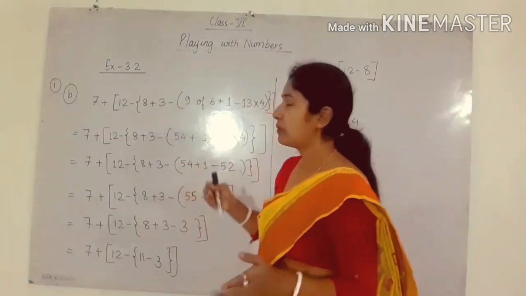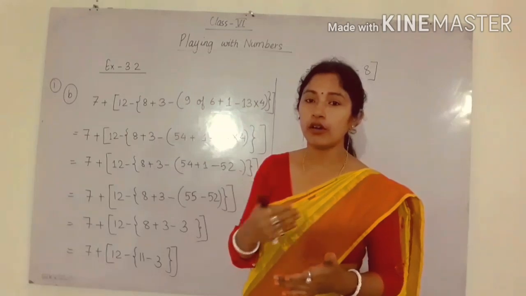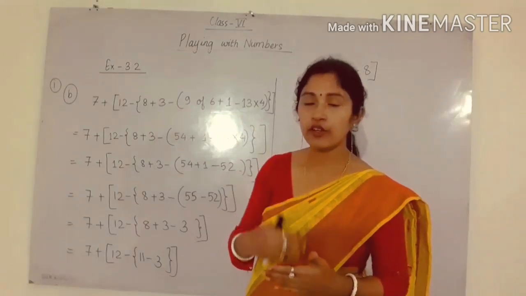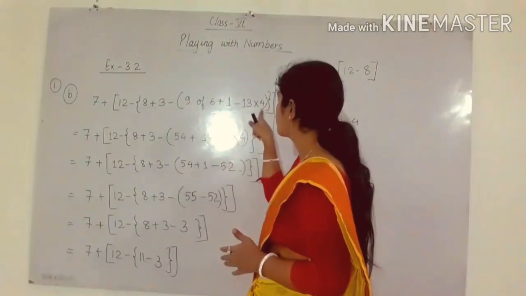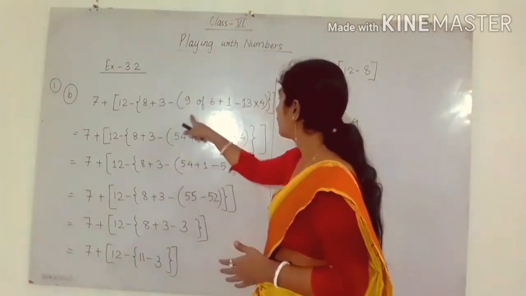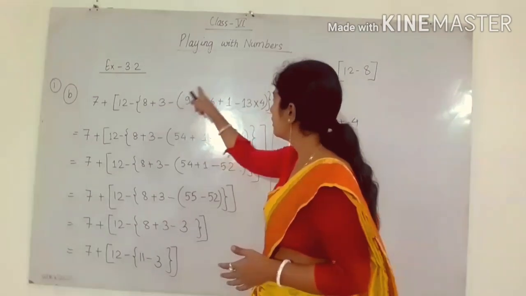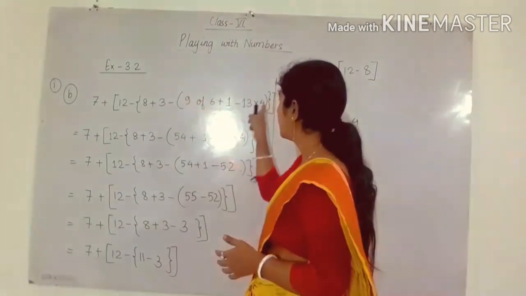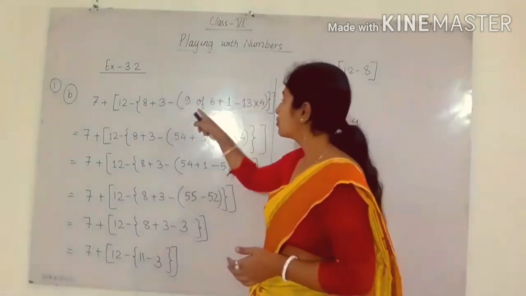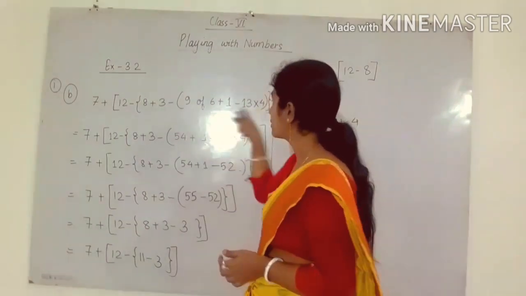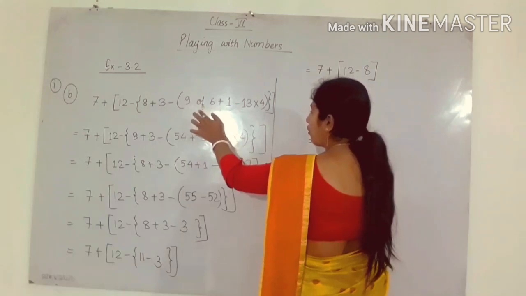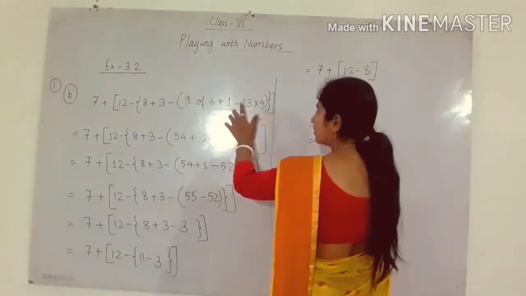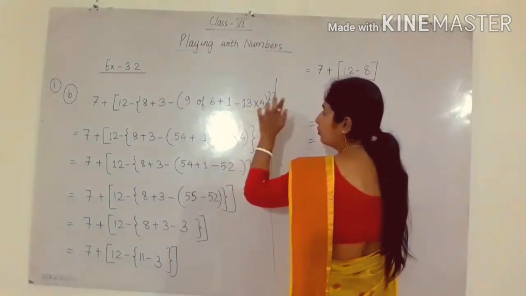So after thin column, in the order, second we have round bracket. So round bracket should be solved first. In the round bracket again we have another expression. We have to solve this expression first. In this expression the operations are plus, minus, into, and of.